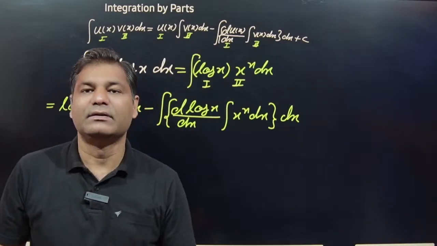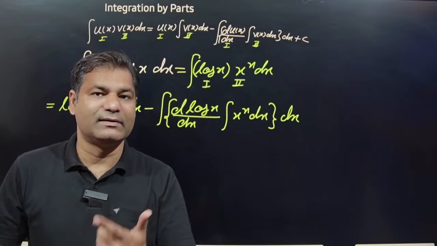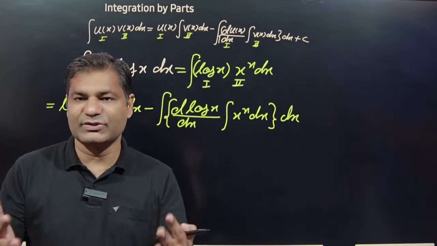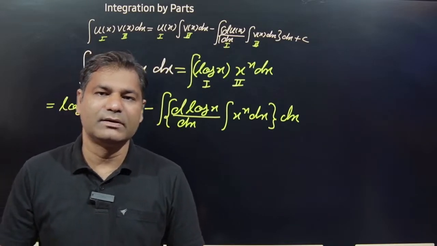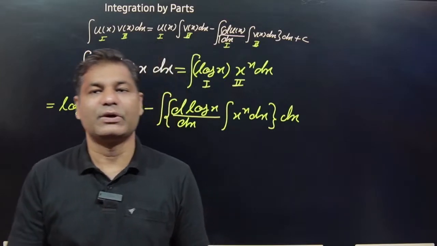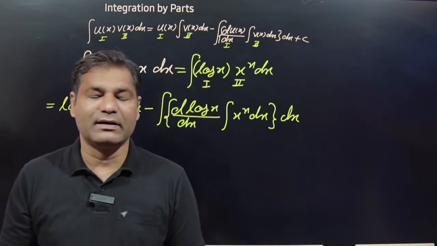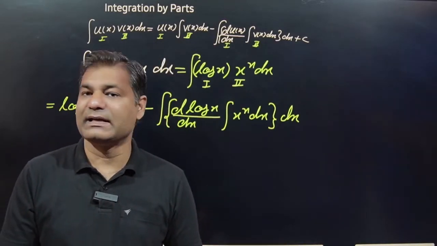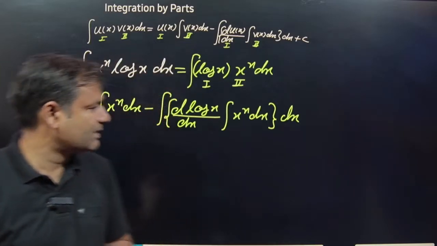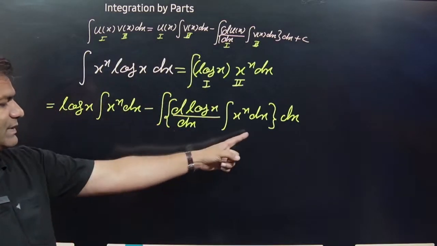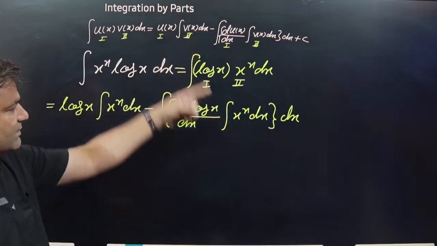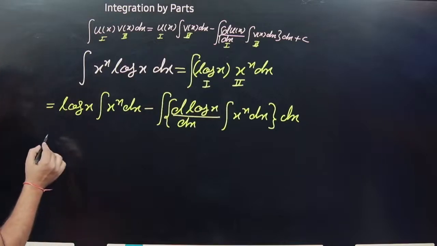So that's why. But the integration of x to power n, I know that. Clear? So that's why, sorry, log x is taken as the first function and x to power n as the second function. Clear? So after that apply this formula here, then we got how much?